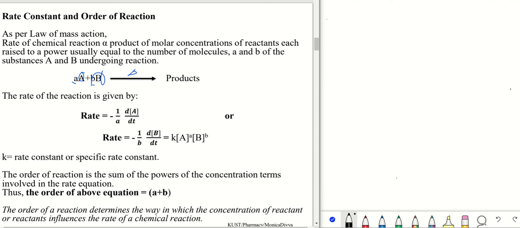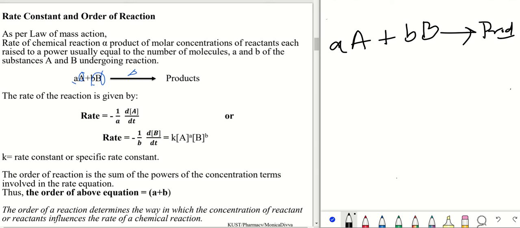Now, if we consider the number of moles of reactant, then the rate of the reaction can be given by rate is equal to, as we all know, minus dA by dt, right? So a number of moles gives rise to products.